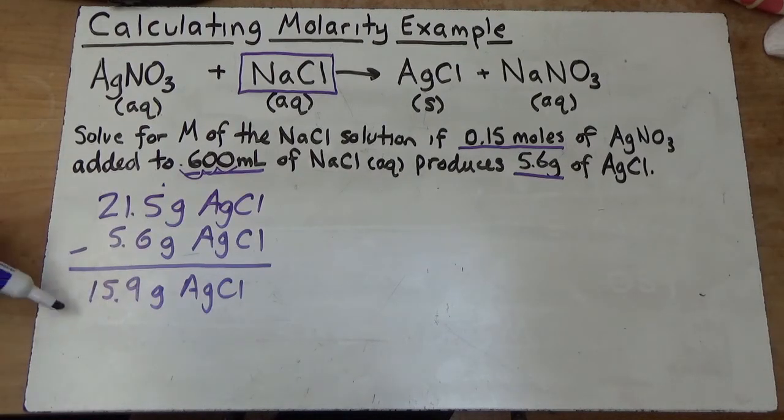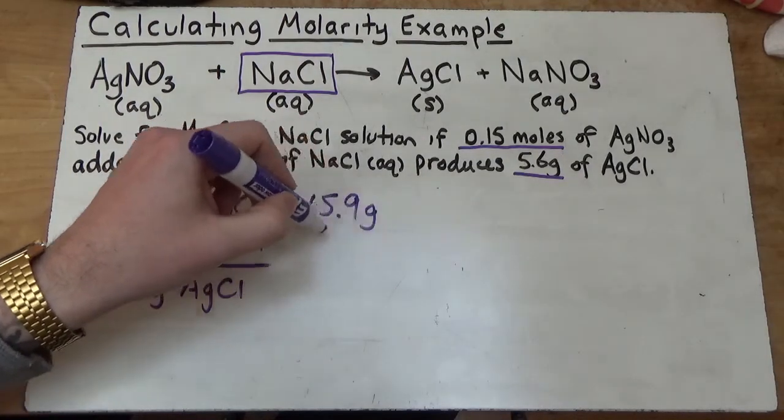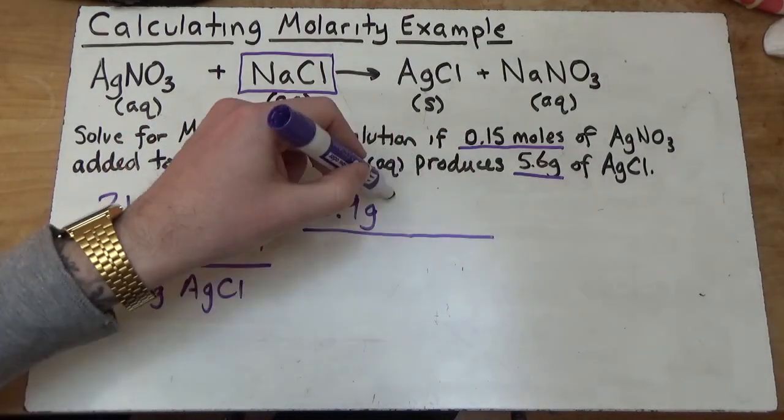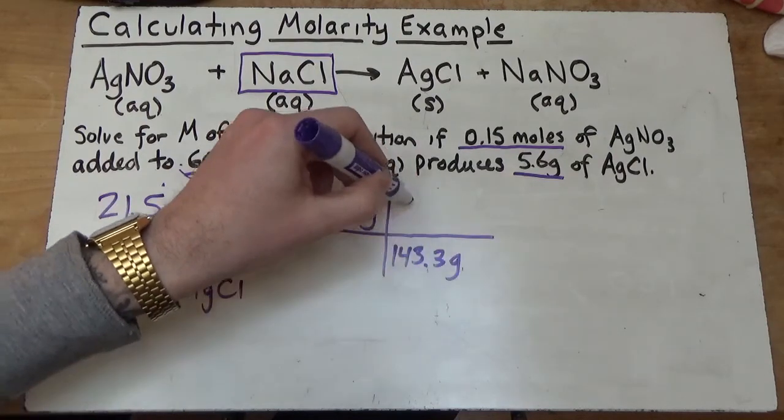Now, we need to figure out how many moles is 15.9 grams of AgCl. We're going to be using our molar mass.